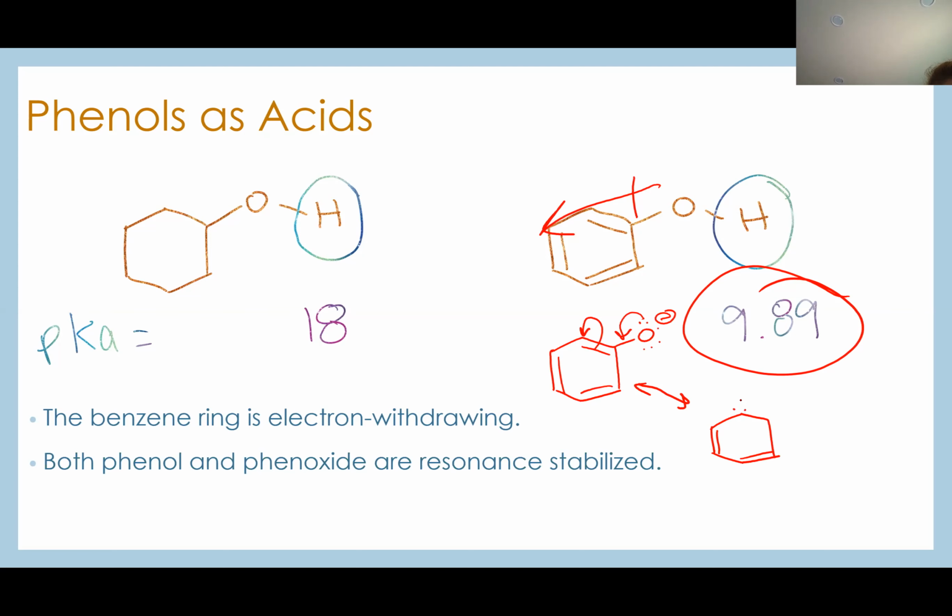So we'd have a negative charge here on this carbon and a double bond here. And you could continue to move it around. And so you could get several resonance forms by doing that. So that one's going to be a lot more stabilized than cyclohexanol, where once you deprotonate it, that's it. There's no resonance form.